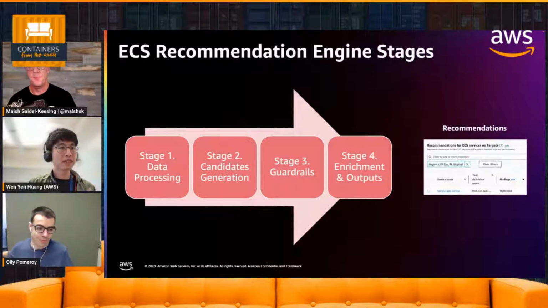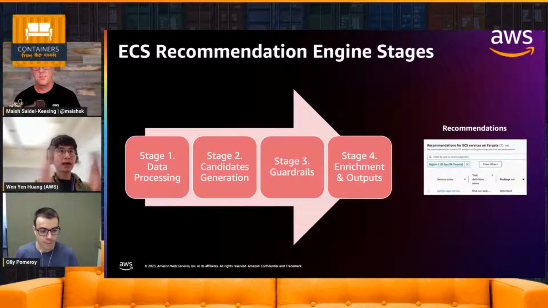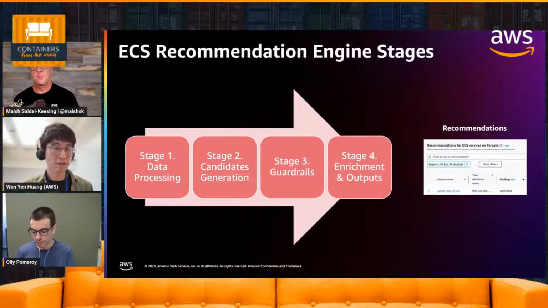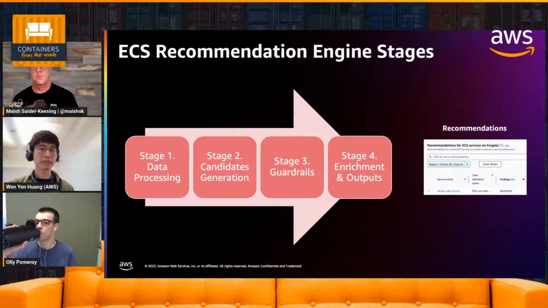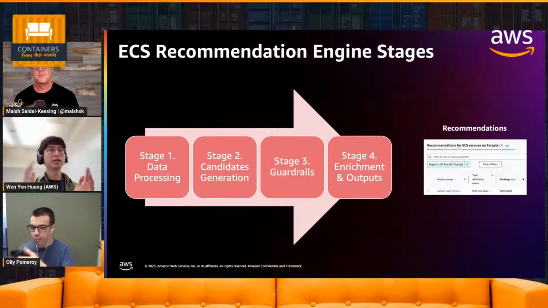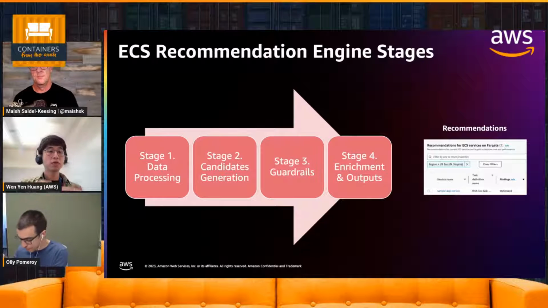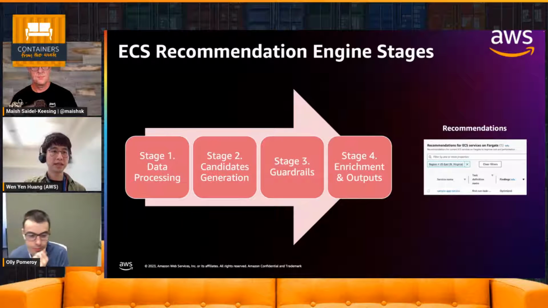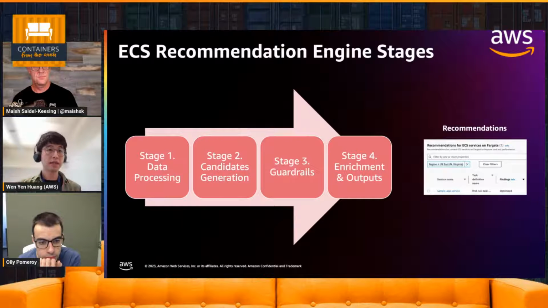Yep. So basically, this is how our engine normally works. We have four different stages. First of all, we take in some data. The second thing is to use that utilization data to generate suitable candidates. In the ECS on Fargate case, that is suitable CPU and memory combinations, because some of the CPU sizes only have a range of memory to choose from with a certain increment.